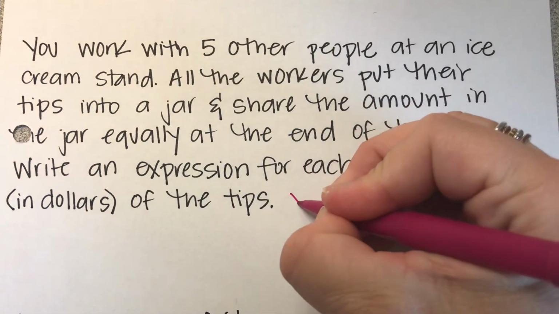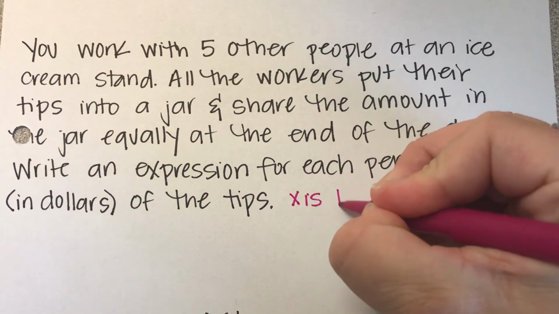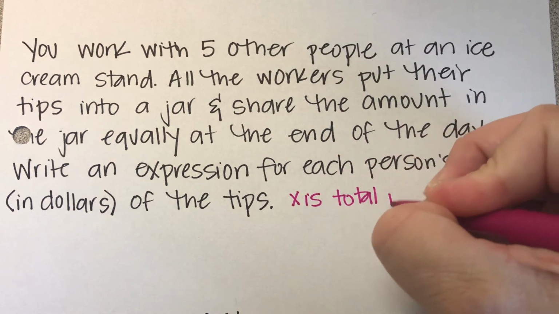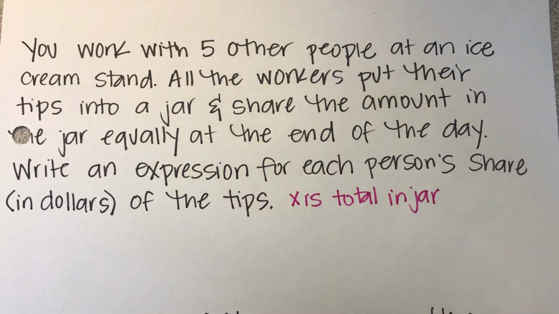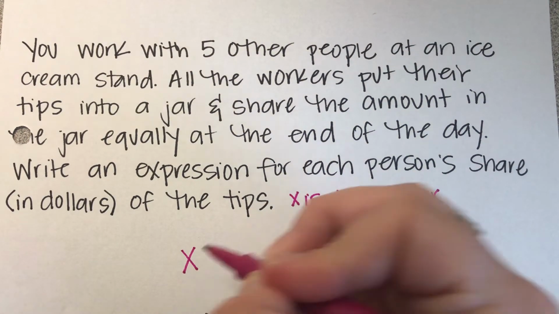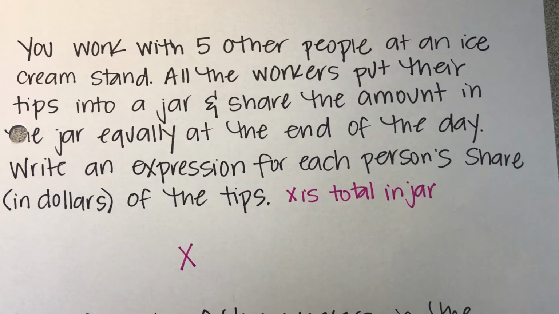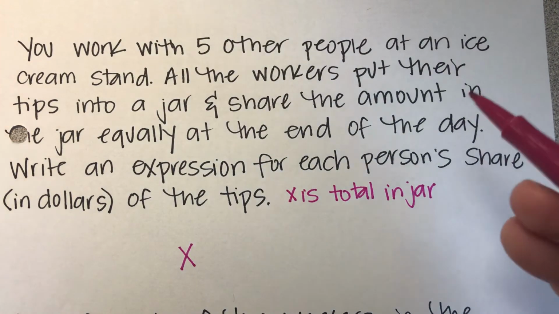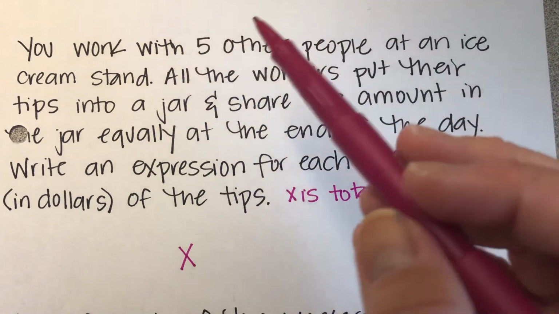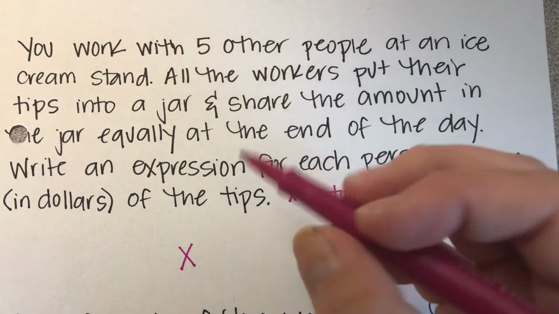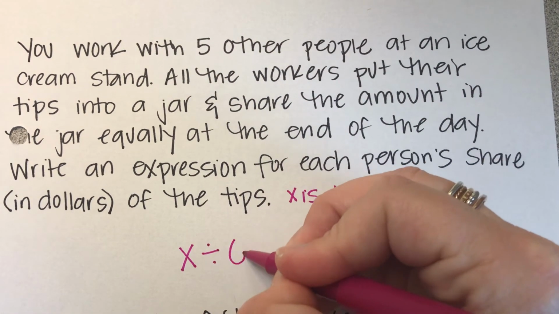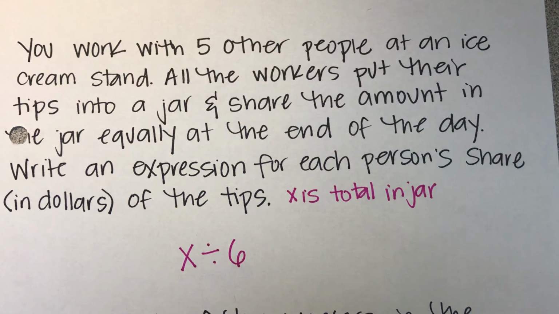We'll say X is the total in the jar. Okay, so X, and then are we multiplying it, dividing it? What's happening? Okay, so it says at the end of the day, they're going to split it, right, or share it. So we're dividing it among 6 people. So X divided by 6.